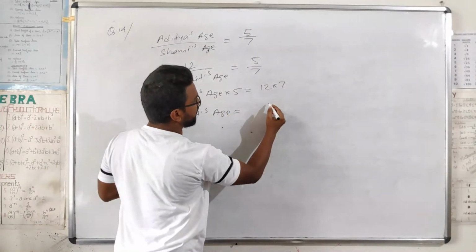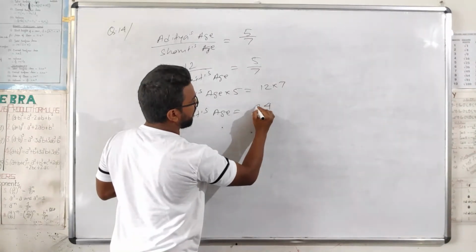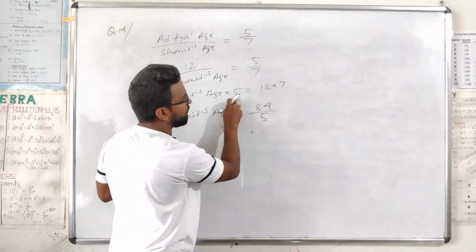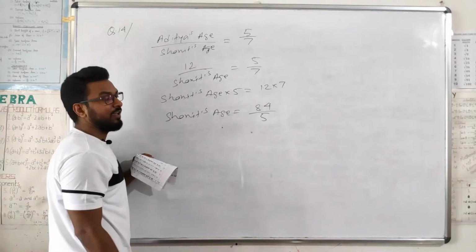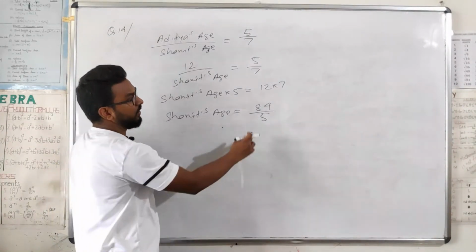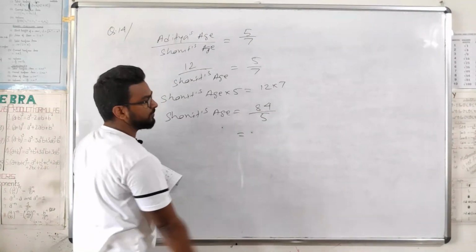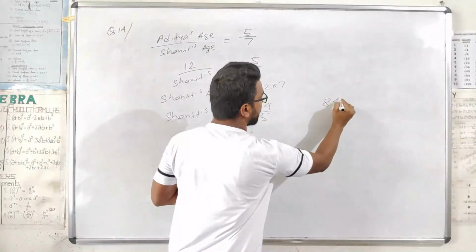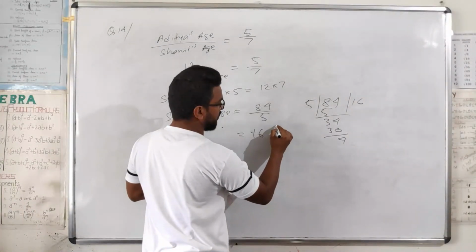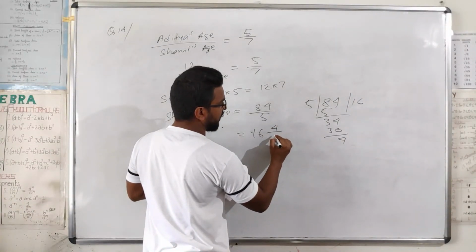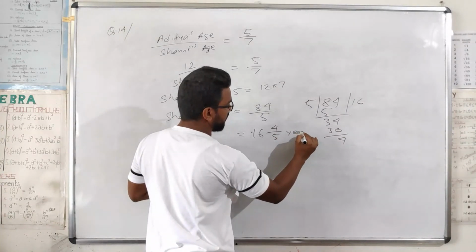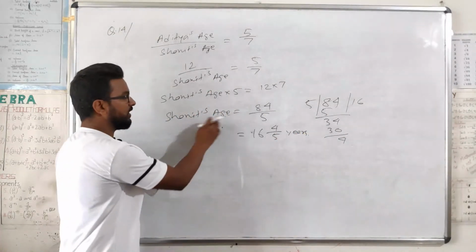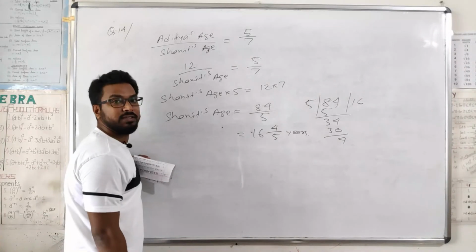If you multiply, this will become 84 by 5. If you take this 5 to the other side, it will divide. So 84 by 5. So how much? If you divide, 16 4 by 5 years. The age of Sonit will be 16 4 by 5 years.